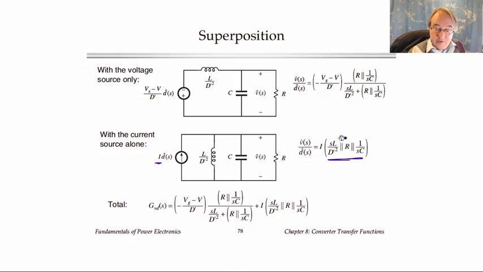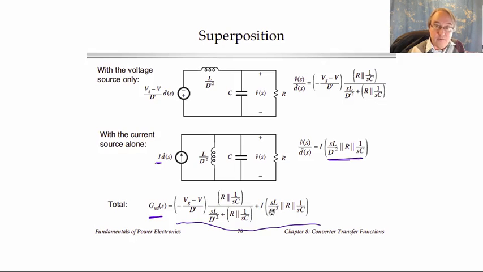By use of superposition, then, we can add these two together to get the total transfer function G_vd, and here it is. Now this is still a pretty big, long expression, and it will take quite a bit of algebra and work to simplify it and write it in a standard form.